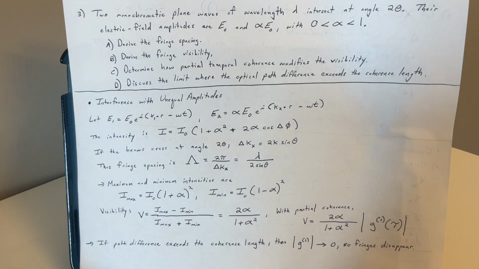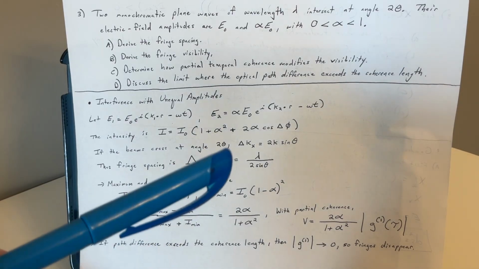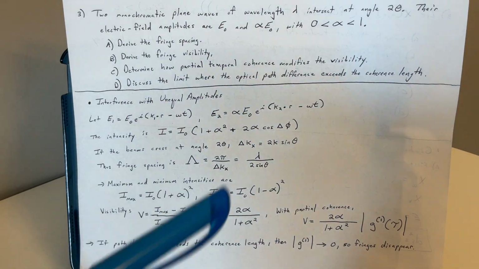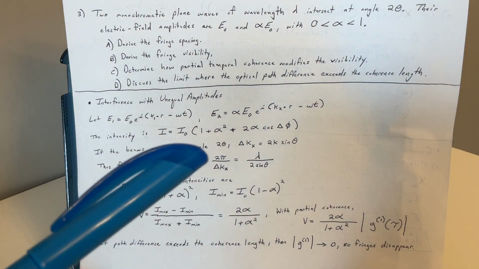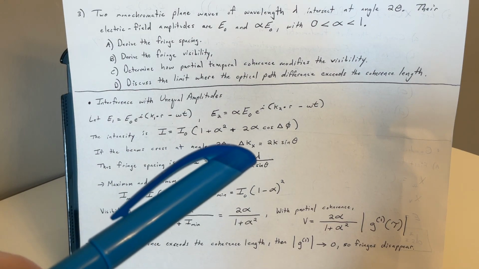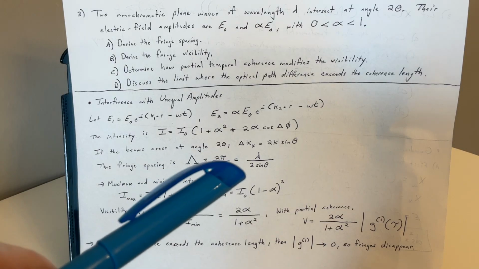The intensity is I equals I naught times the quantity 1 plus alpha squared plus 2 alpha cosine delta phi. If the beams cross at an angle 2 theta, then we use delta k sub x equals 2 k sine theta. The fringe spacing is lambda equals 2 pi over delta k sub x, and that's lambda over 2 sine theta.